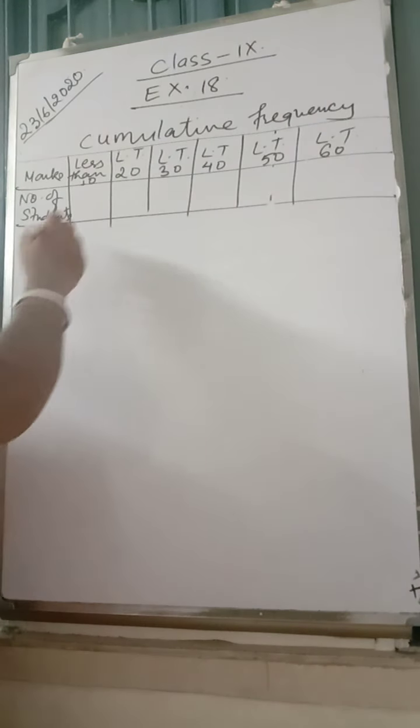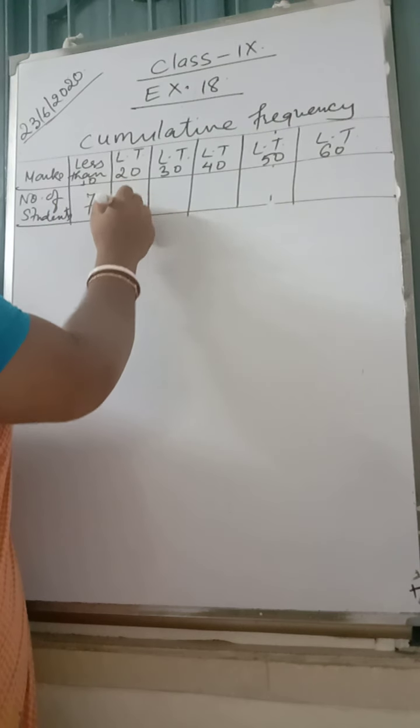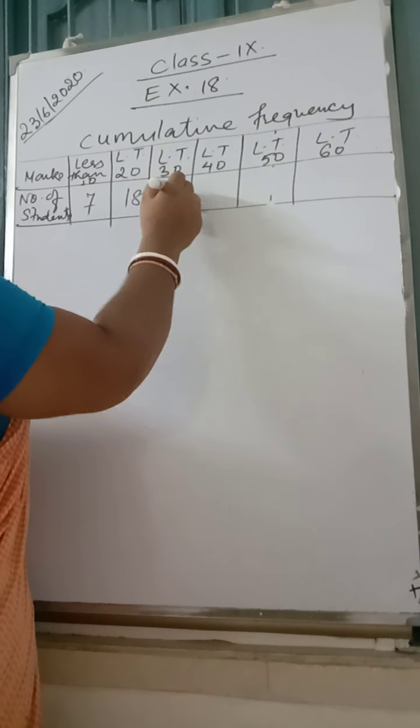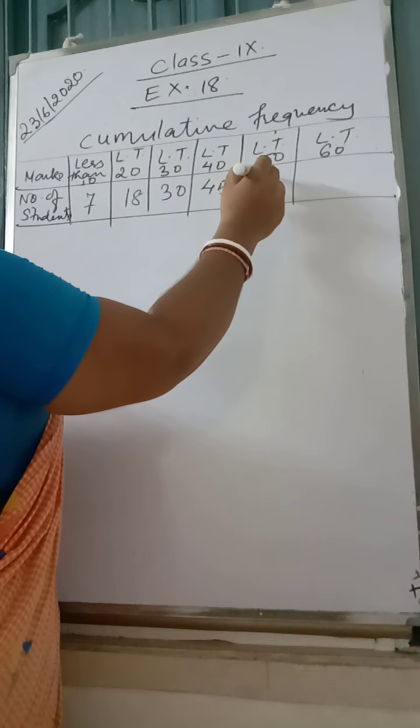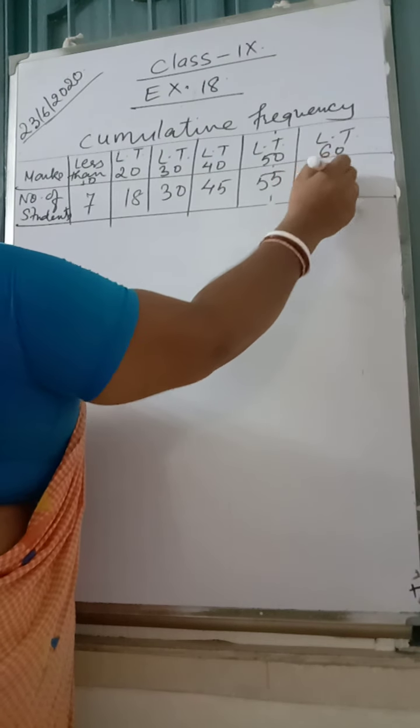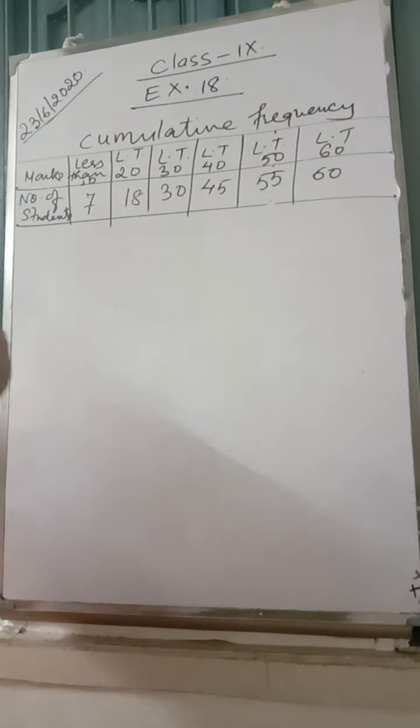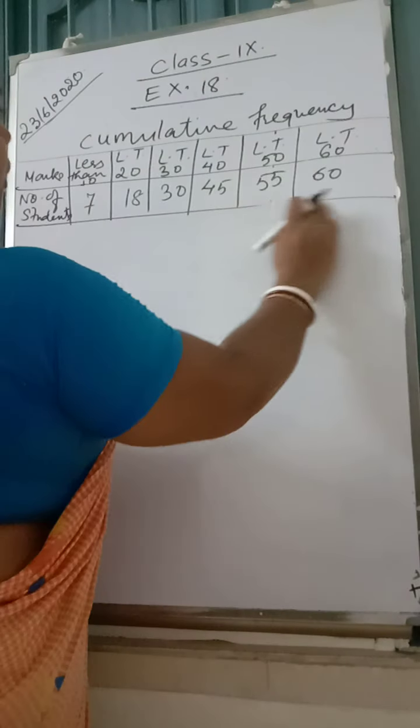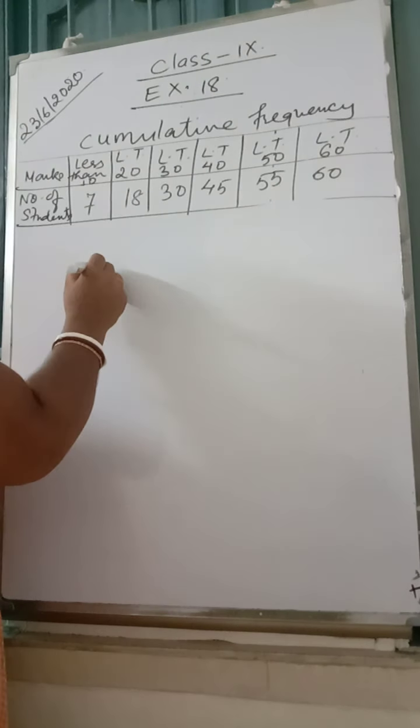Now the cumulative frequencies we have are 7, 18, 30, 45, 55 and 60. Clear? Now what we have to do? We have to convert it into exclusive frequency.